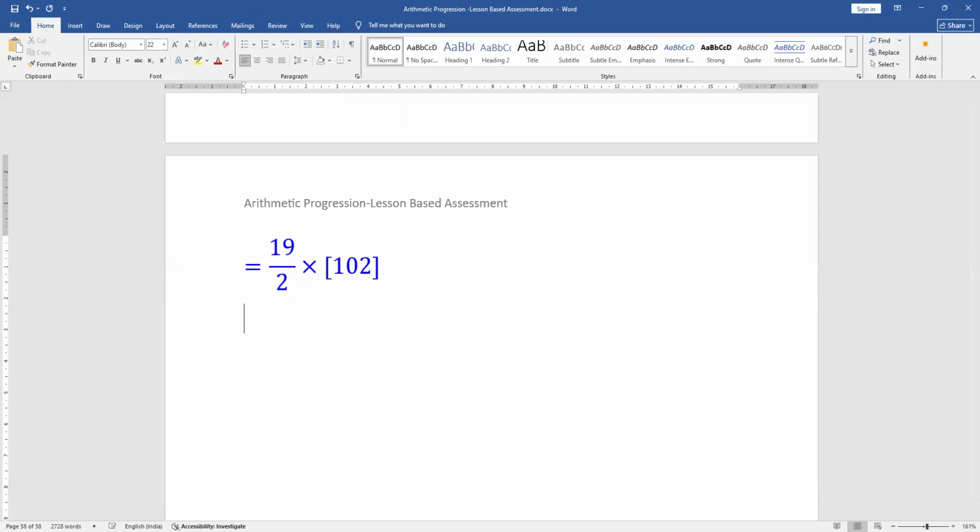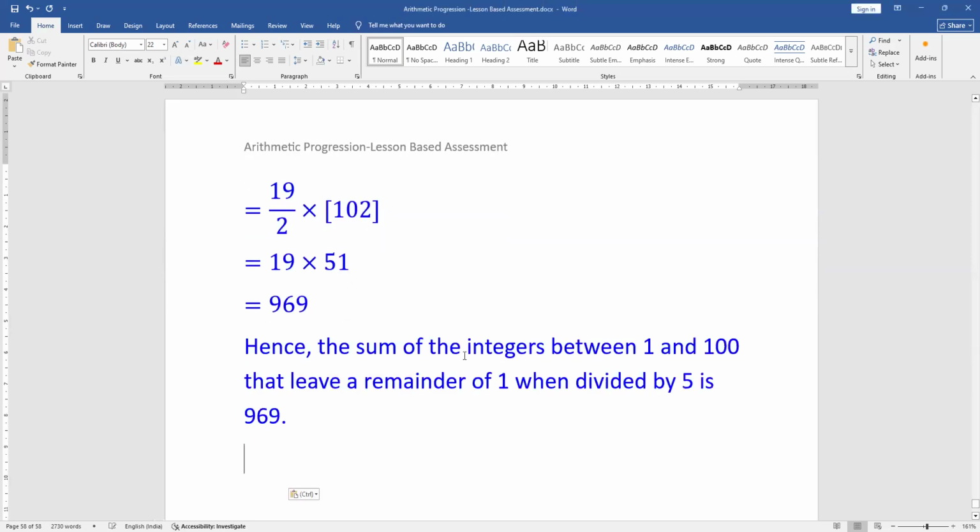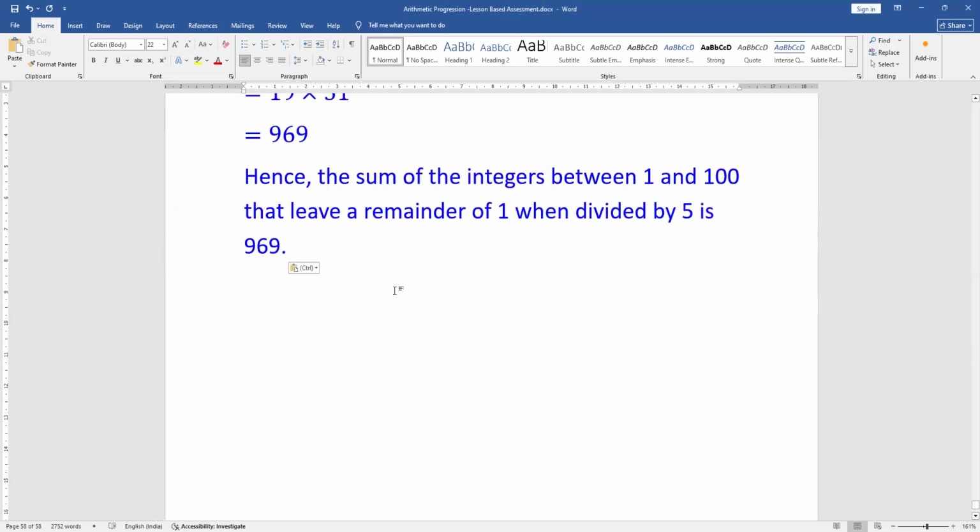Okay, ಅದಾದ್ಮೇಲೆ ಇವಾಗ next step ಅಲ್ಲಿ ನಾನು I show it as 19 into 51. Okay, then what we get is equal to 969. It is your required answer. So ನಾನು ಸ್ಟೇಟ್ಮೆಂಟ್ ಹಾಕ್ತೀನಿ as the sum of integers between 1 and 100 that leave a remainder of 1 when divided by 5 is 969.